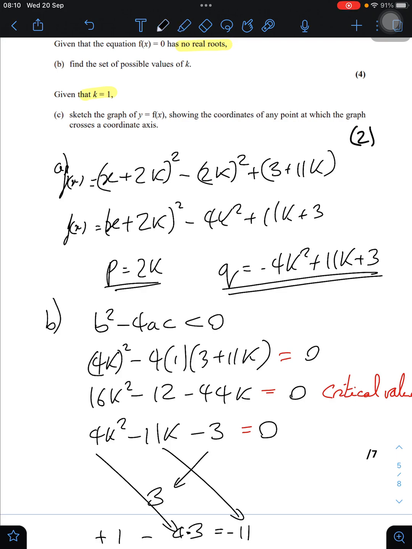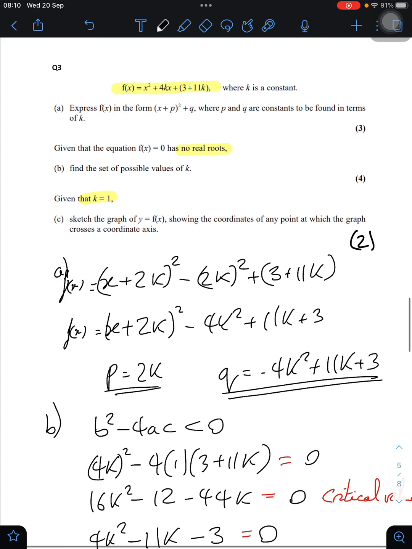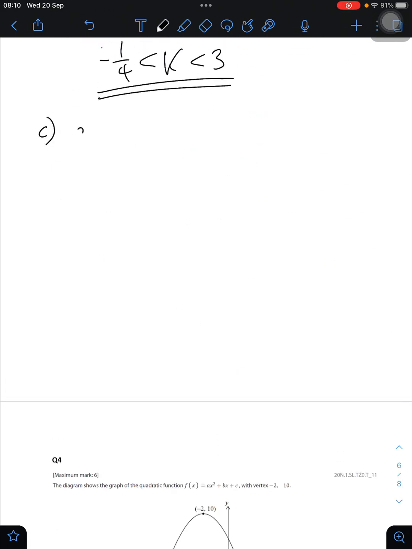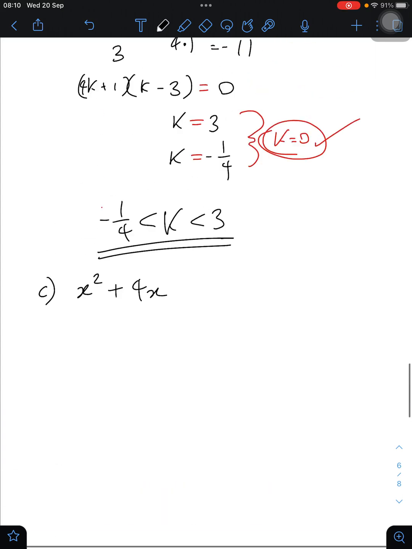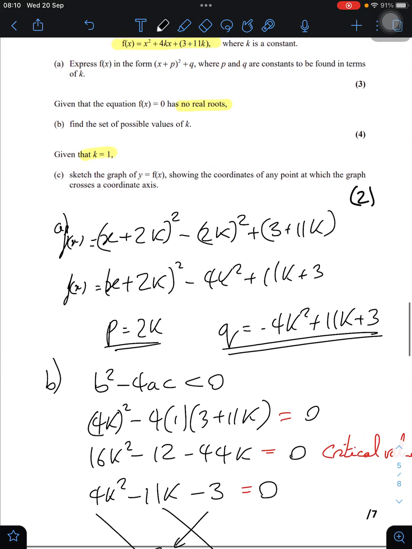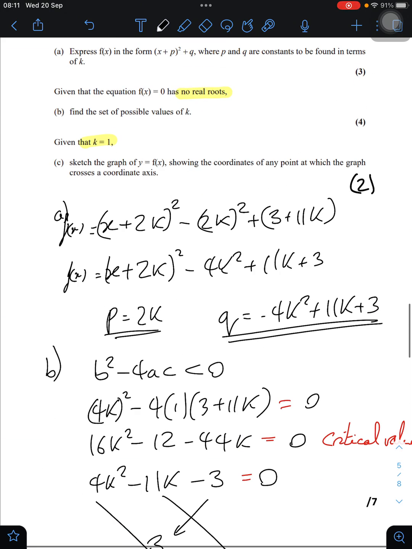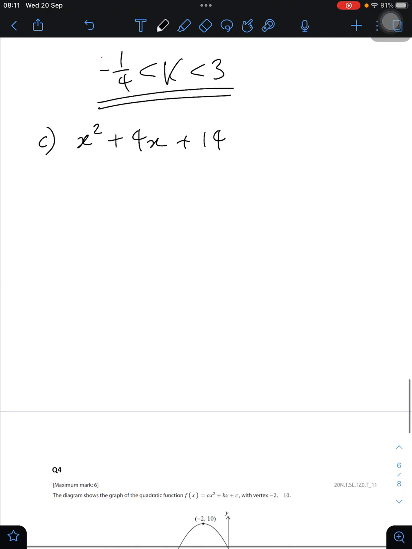Sketch the graph for f of x. So the equation when k equals 1 would be x squared plus 4x plus 11 times 1 plus 14.